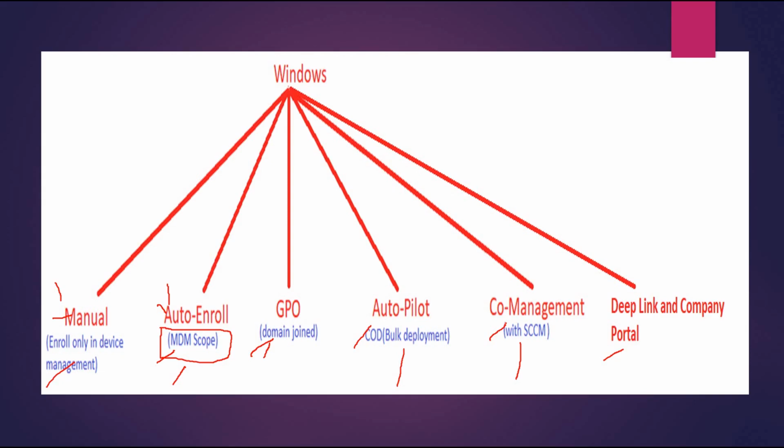Okay, that was always there. Now we also have an option. Let's just say that these on-prem domain joined devices were managed via SCCM. Okay, meaning that they had the SCCM client installed in them. So instead of deploying a group policy, we can make the SCCM client in the device do the same job which the group policy was doing.